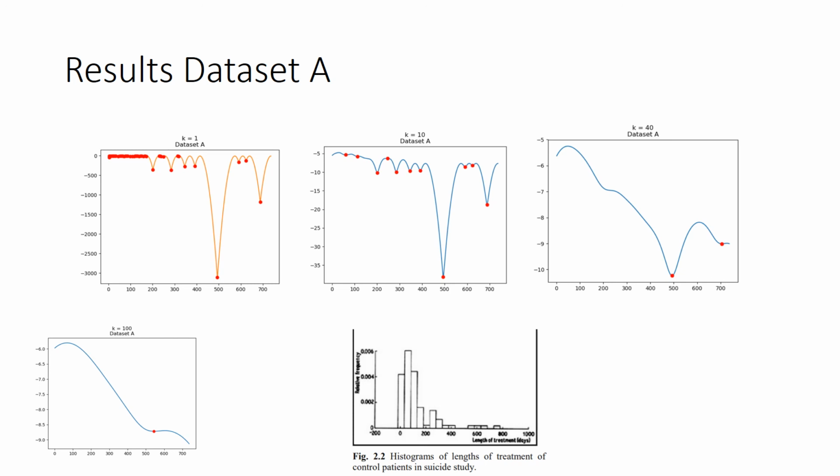So it's a local minimum, but only because of numerical errors. And if we go to k equal to 100, we find only two groups, one below 550 and one above 550.